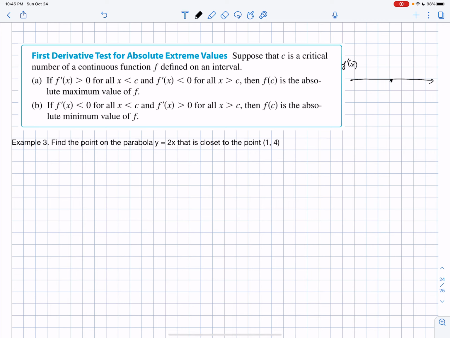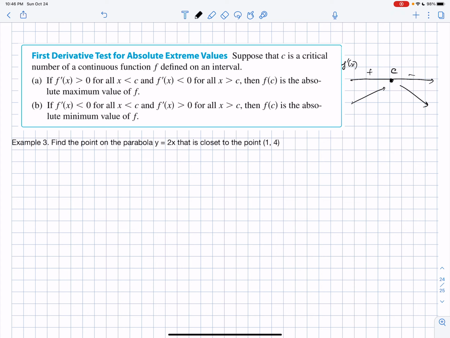Then on one side, for example, this is the point C. Then if f prime is positive on the left side of C and then negative, we know that this C is not only the local max, but it's also the absolute max. So we only have one zero of the f prime of x.